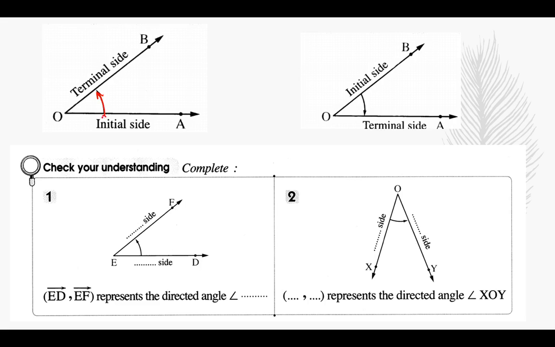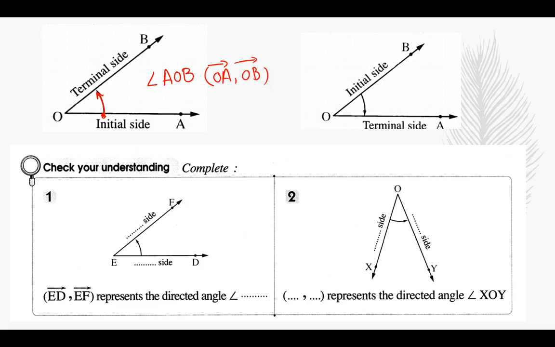The direction of the arrow is from the initial side to the terminal side. So the direction of the arrow is very important in this lesson. Here the initial side is the starting of the angle, and OB is the terminal side. So we can write this angle as angle AOB, and we can write it as an ordered pair of the two rays OA and OB.